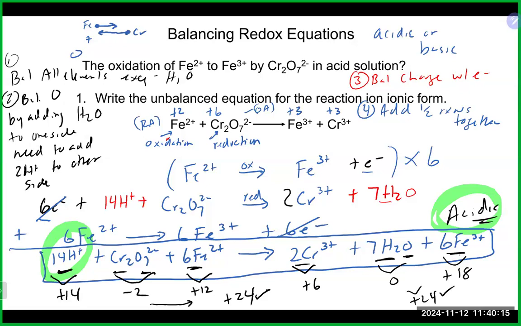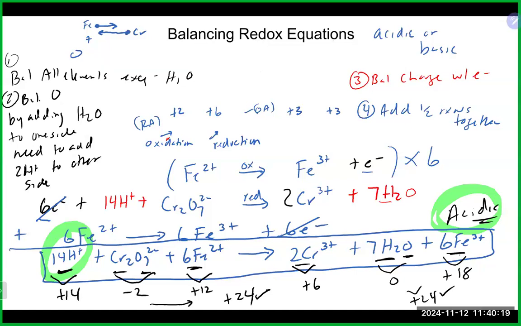And as I mentioned before, you may run into a situation where you're balancing a half reaction and maybe it has something like this, where you're starting with unbalanced numbers of hydrogen. You can simply add an H plus to the other side and continue on normally, and that will make sure you have the right number of hydrogens as well.